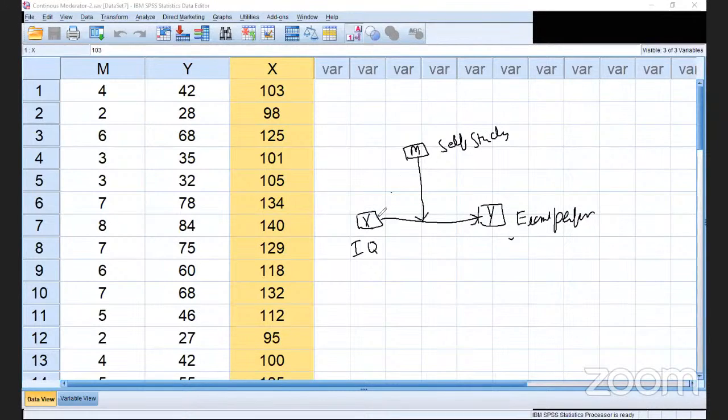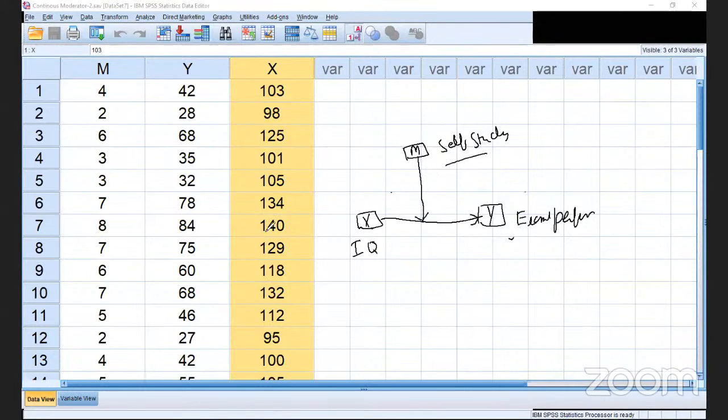If your IQ level is high but you do not devote time to study, your exam performance will be low. So with IQ alone, we cannot say a person with a high IQ level always gives good performance. If someone has a low IQ level but devotes more time to self study, his performance may be good. So this is the moderator variable.